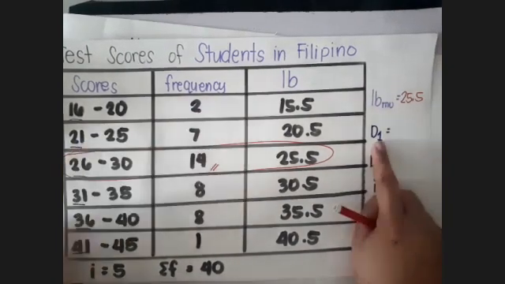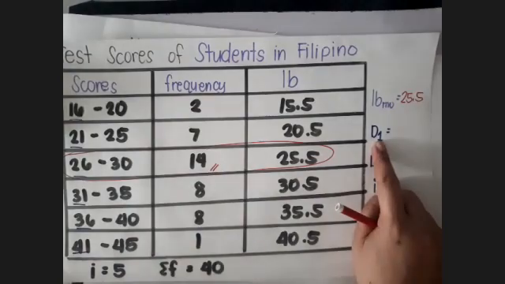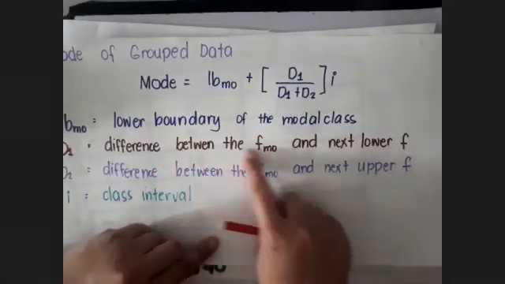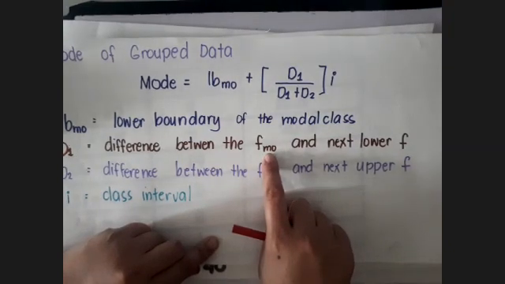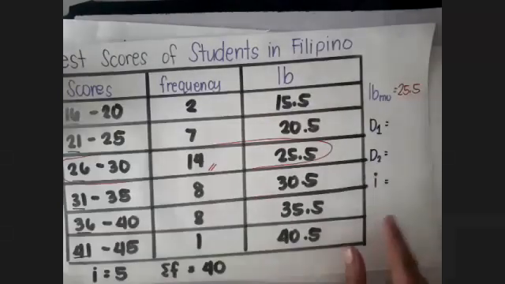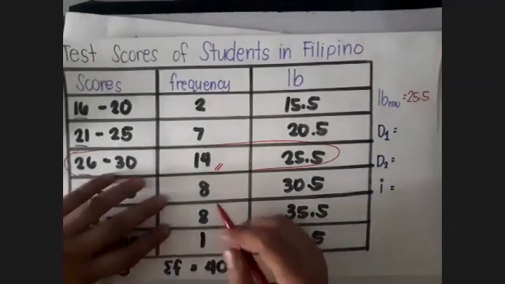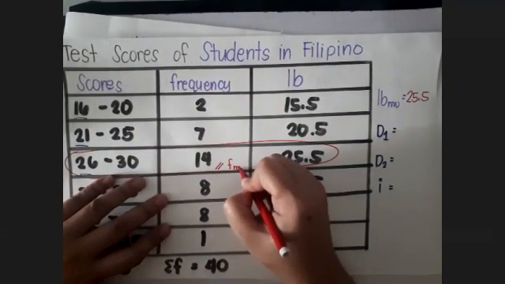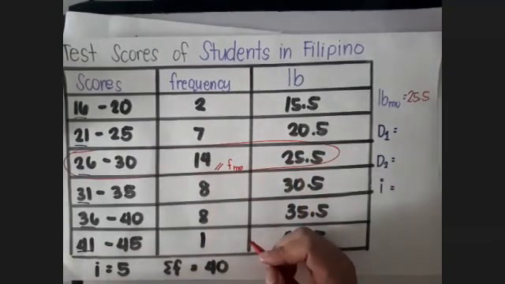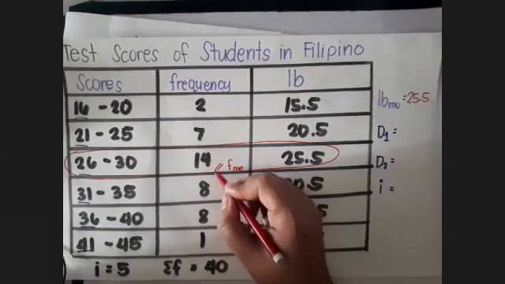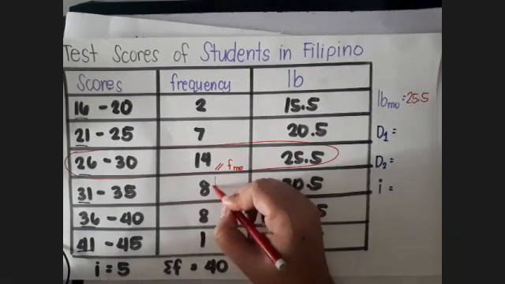Okay, ano nga ulit yung D sub 1? D sub 1, tignan. The difference between yung frequency ng modal class and the next lower F, lower frequency. So difference daw, ito yung frequency ng modal class. Yan. Ang sabi dyan, para ma-compute natin yung D sub 1 is to get the next lower F. Yung mas mababa sa kanya. Ito. Yan.